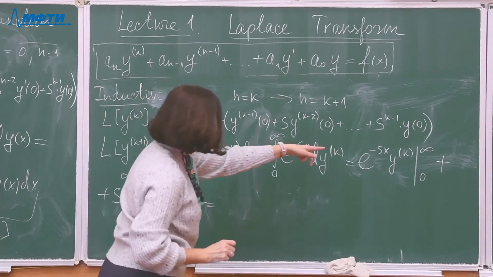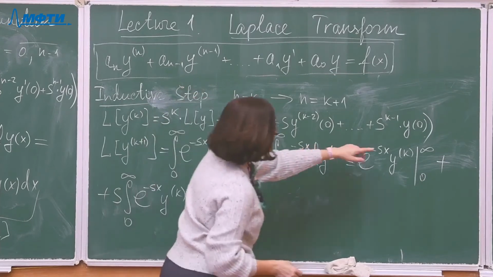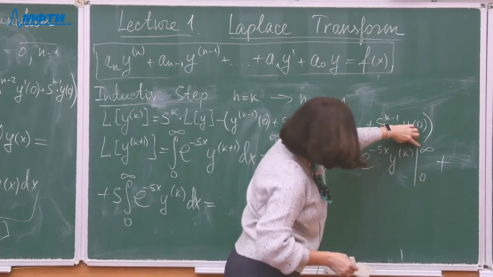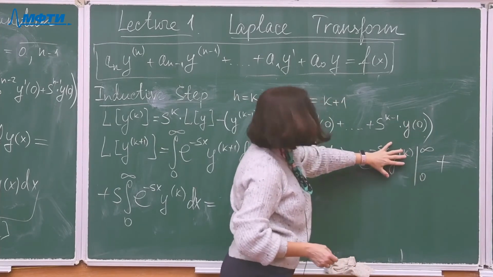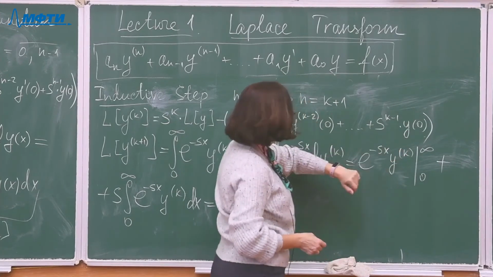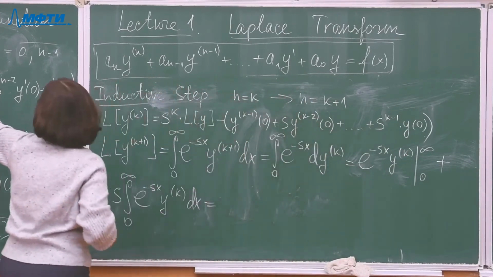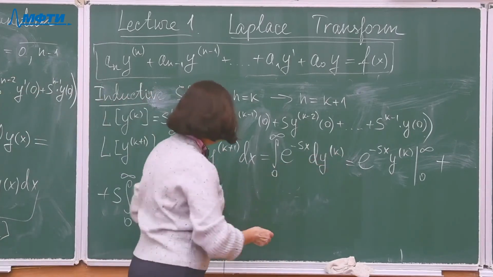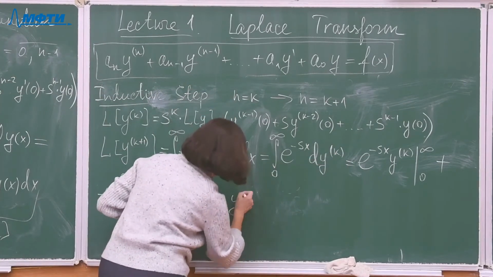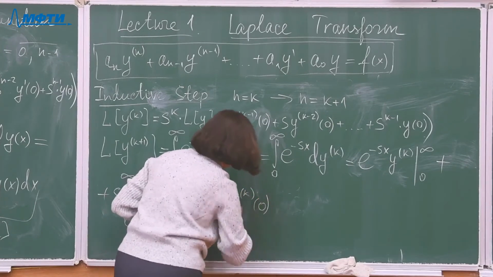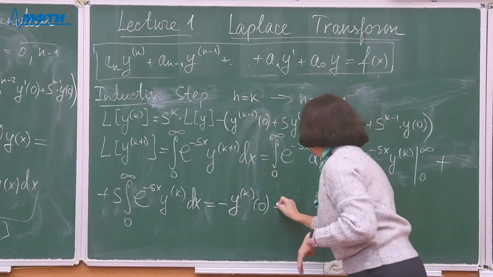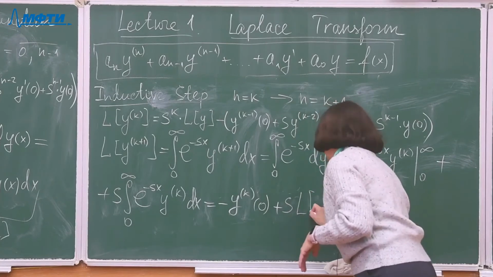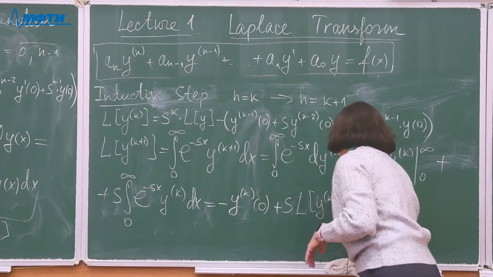On substituting infinity, this approaches 0 by our assumption, and so it would be minus y^(k) of 0 plus s times L of y^(k).